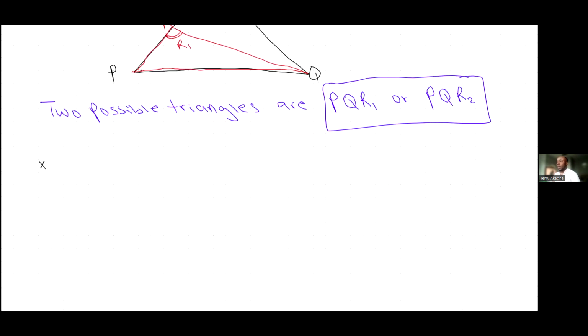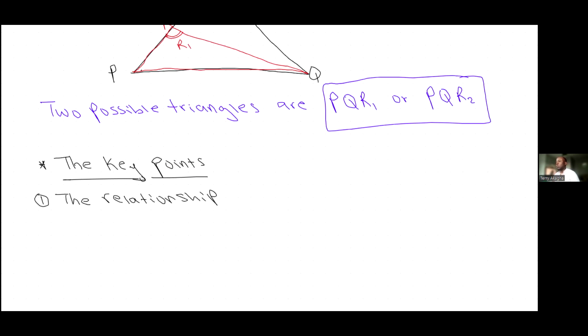So the key points that I want you to know is that number 1, the relationship between R1 and R2. That means there's a relationship between this angle R1 and this angle R2.